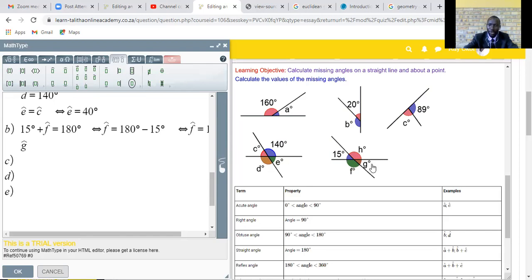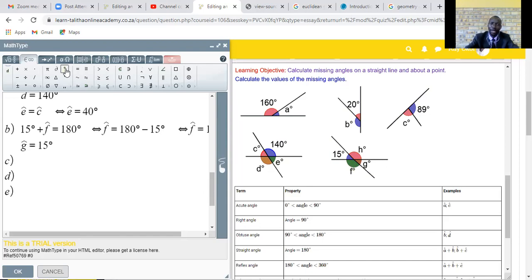And because of that, they are also equal to each other. And so we can say angle G is equal to 15 degrees. Yes, that is how we find the value of angle G.